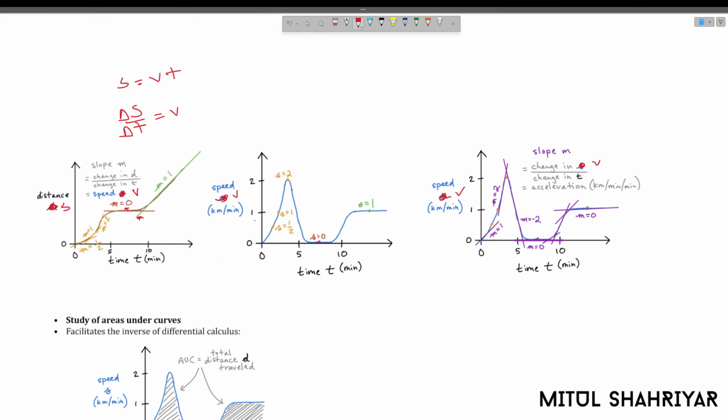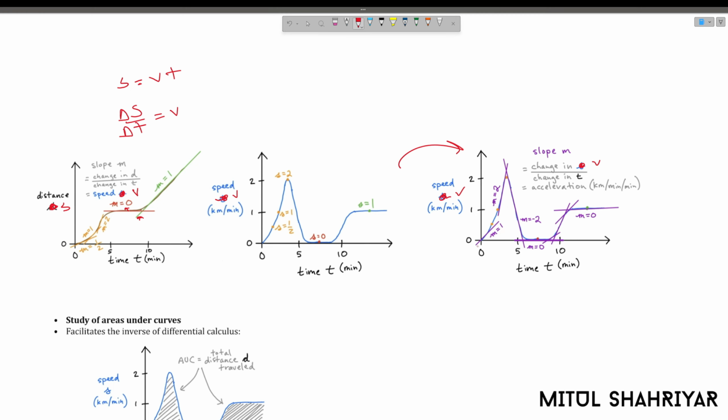Now here, if we take it to this point, what happens? Now we are getting some sort of velocity, right? If we plot velocity in the y-axis and time in the x-axis, what happens? Interestingly, this is what happens. We basically get some sort of graph, right?